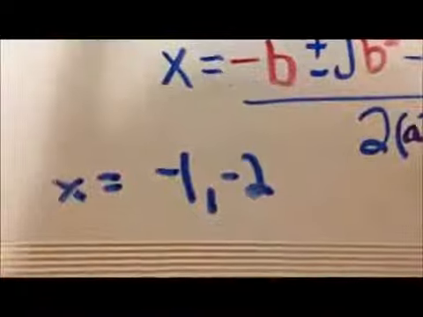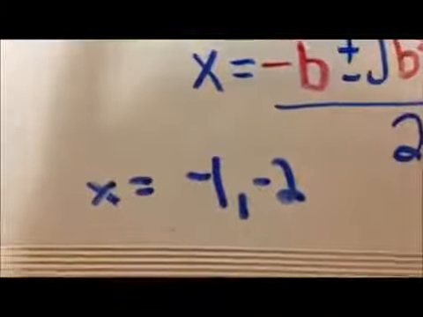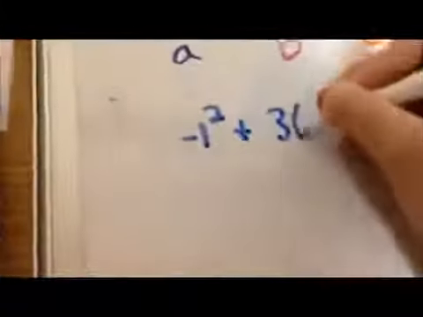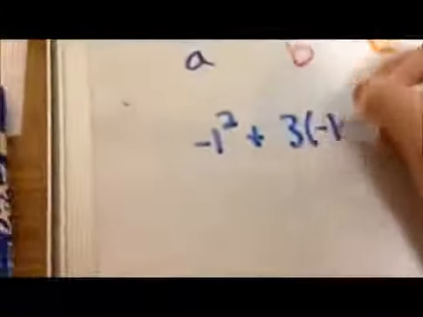Since we found our answers, we can now plug them in for x and make sure they check out and work. We'll start with negative 1. So negative 1 squared plus 3 times negative 1 plus 2 equals 0.